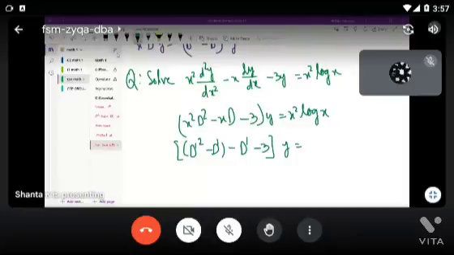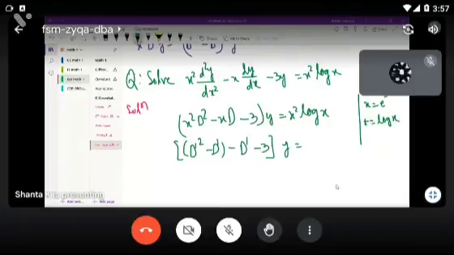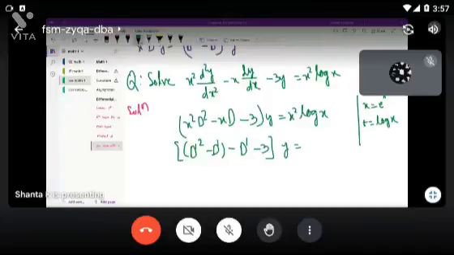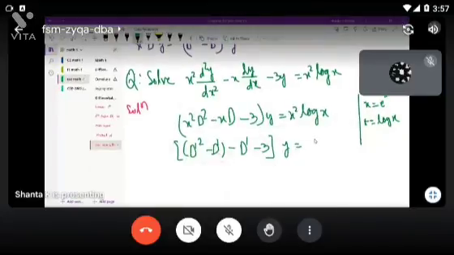Okay, for the solution, what we are putting is x equals e power t, then t equals log x. So this is what we are putting. So here you can put x squared as e power 2t, and this log x is t.